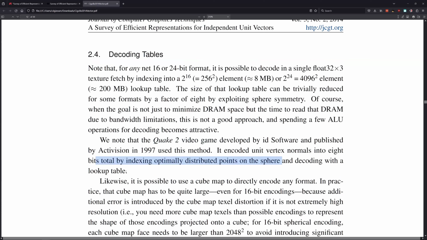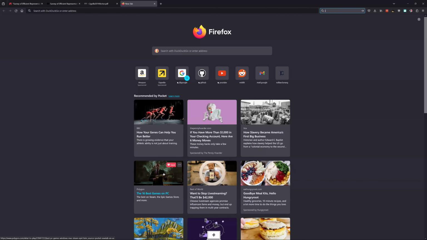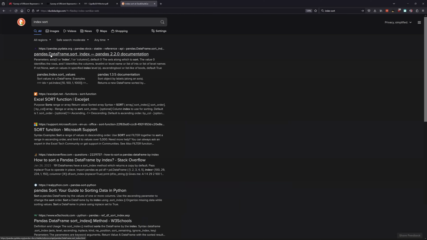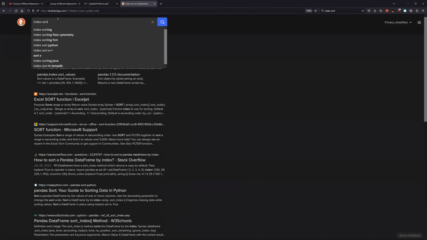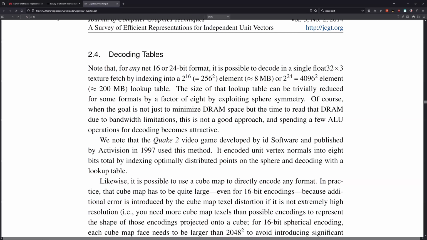Okay. Is it like the index sort? I don't know if it's sorting person. Yes, kinda. I mean, if index sort is what I think it is. And I just don't trade space for time.